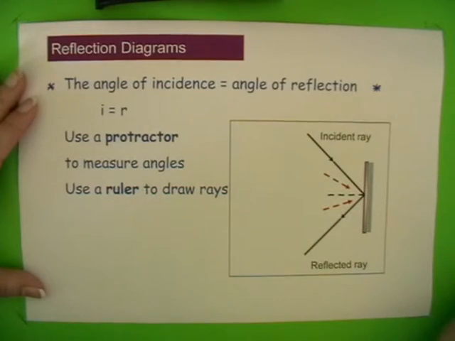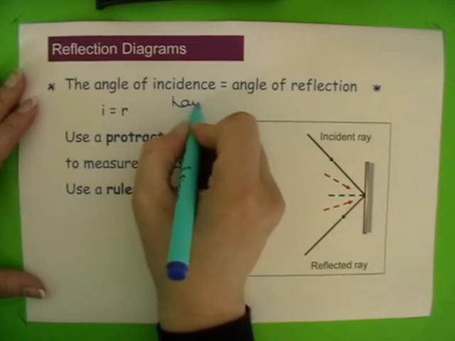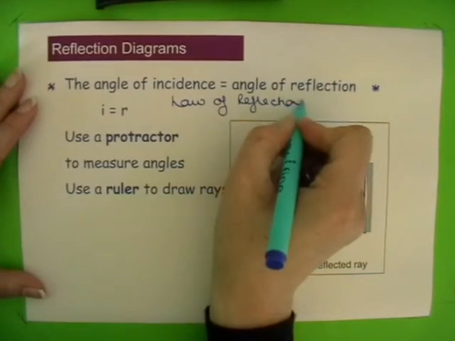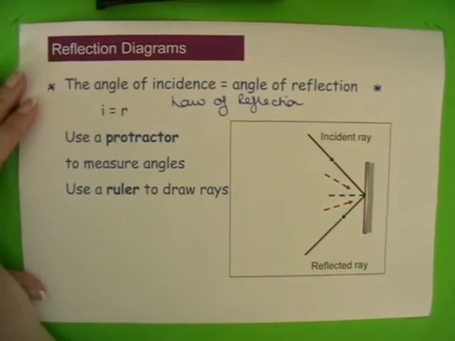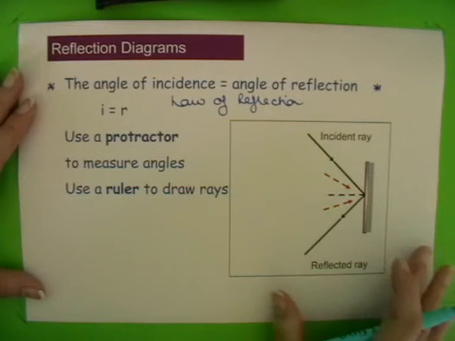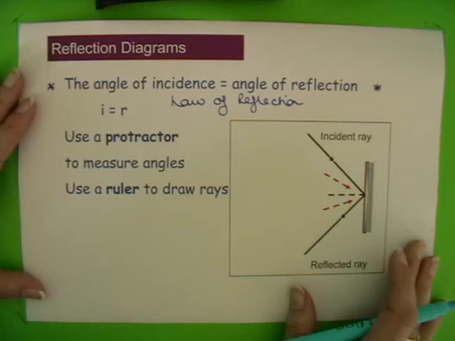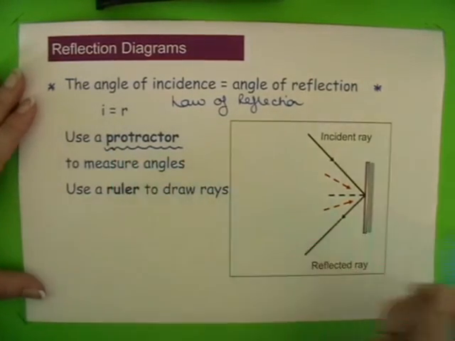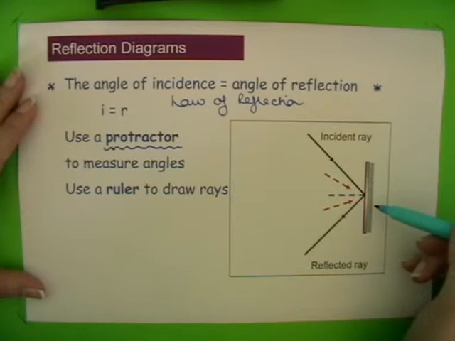You must learn that and be able to state that in exams when asked about the law of reflection. In short, I equals R.